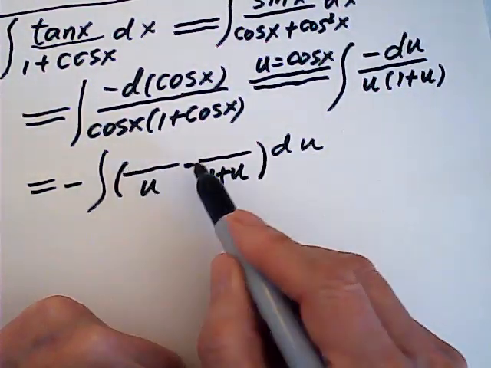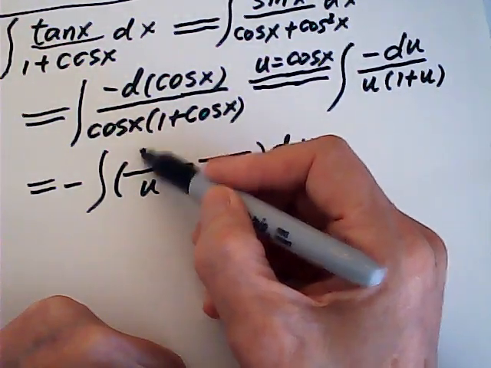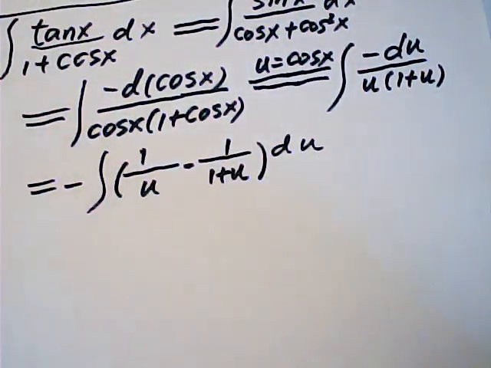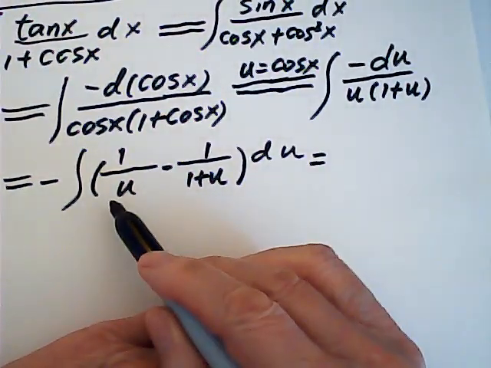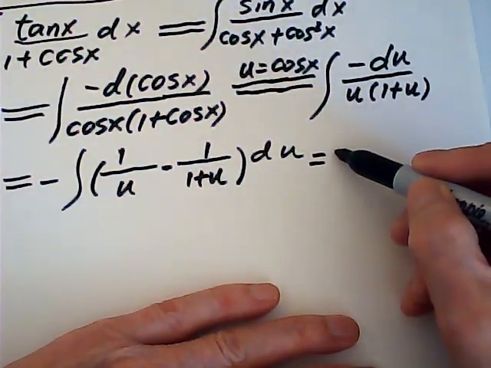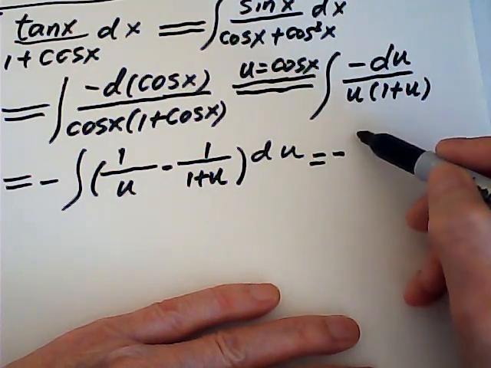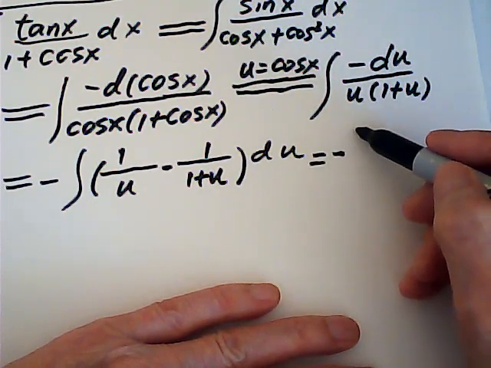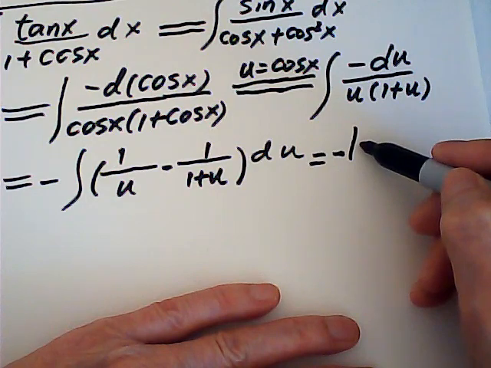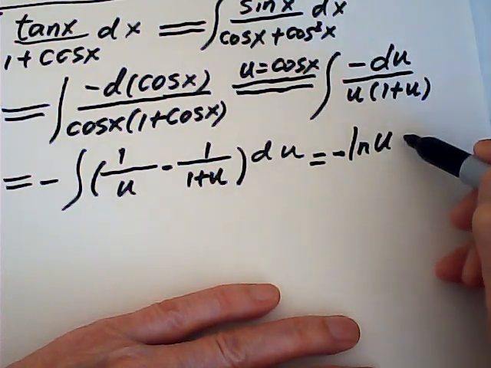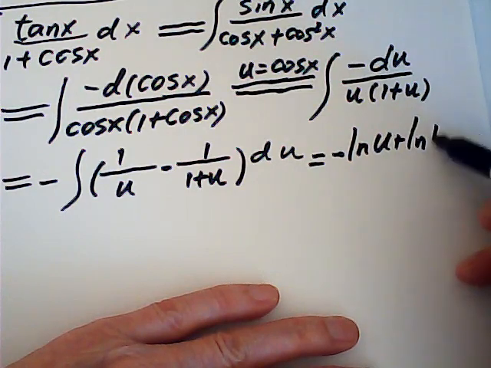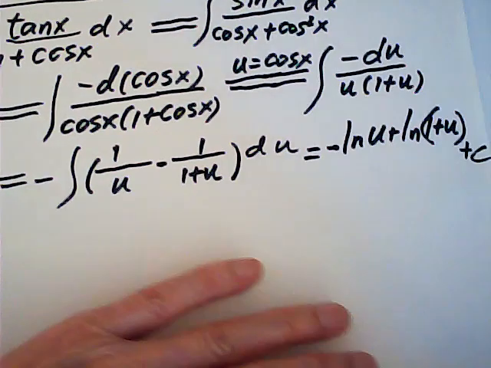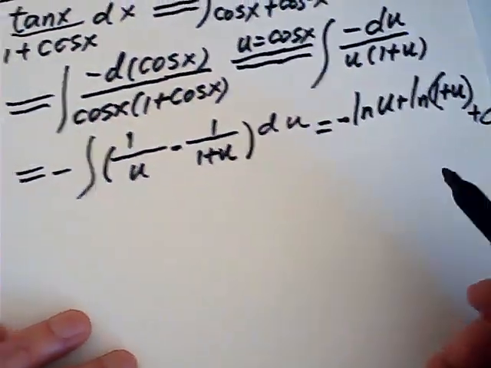This is 1 plus u minus u. This is 1, this is 1, right? Yeah. So this integral is negative log u plus log 1 plus u, plus c. So the integral has been done.